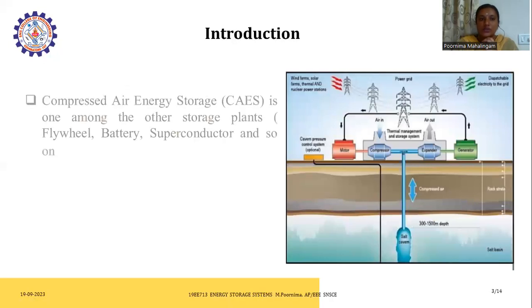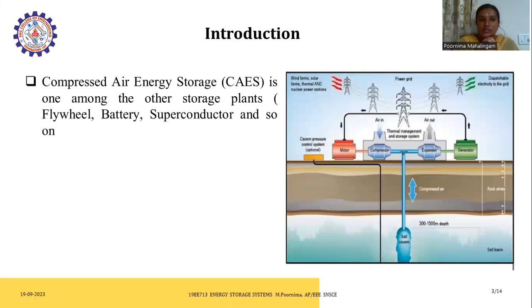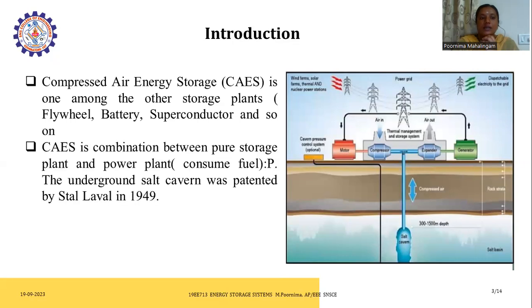First is the introduction. What is a compressed air energy storage system? It is one among the other storage plants, such as flywheels, batteries and supercapacitors. A compressed air energy storage system, CAES, is a combination between a pure storage plant and a power plant which consumes fuels, using underground salt caverns, patented by Stal Laval in 1949.